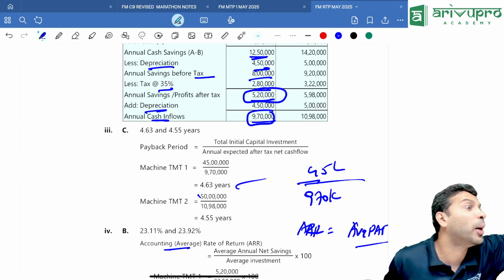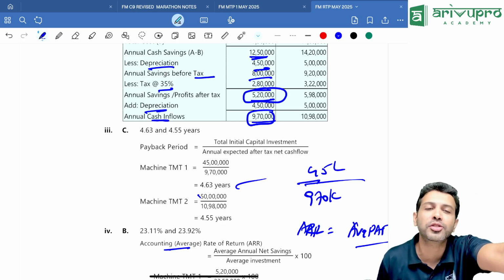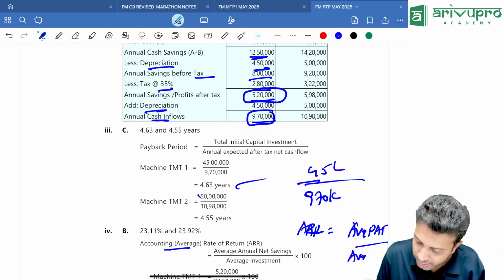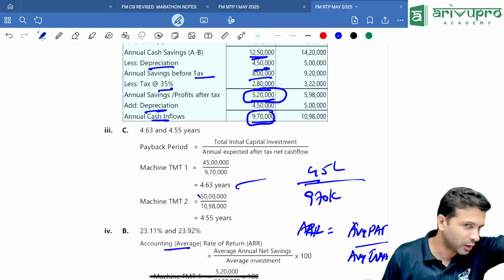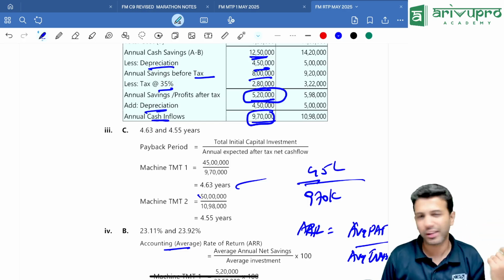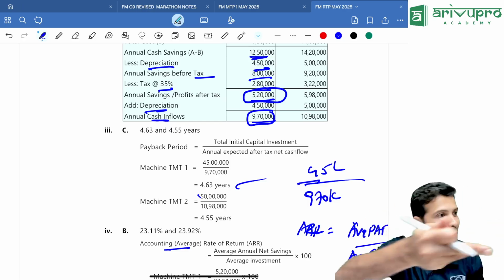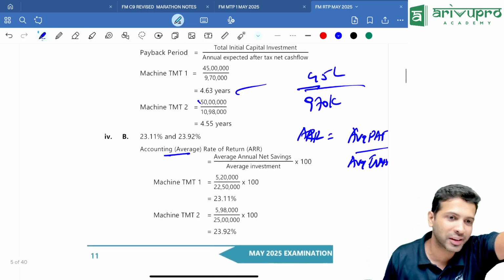Here the profit after tax is the same every year, so that becomes your average PAT. Check the MCQ options. I think in this problem they have solved using average investment. First try using initial investment. If you don't see any option, then solve using average investment. Both will not be given, as that would be controversial. If they do give both, grace marks will be given.